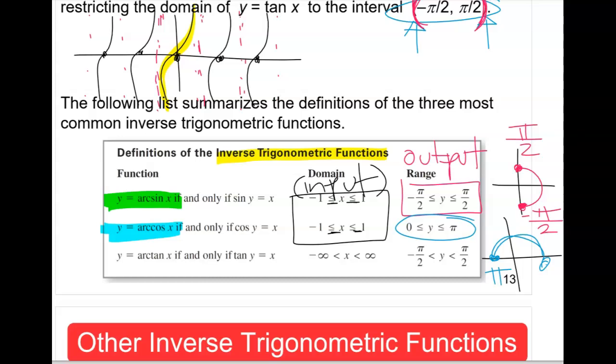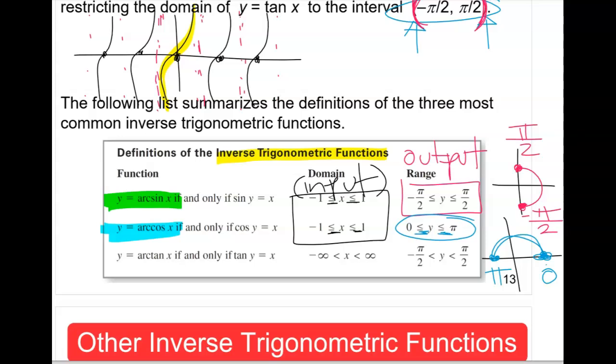We also include those because cosine is defined at 0 and at pi. Cosine of 0 is actually 1, and cosine of pi is -1. So they are defined, and that's why we have the equal part here on the inequality.